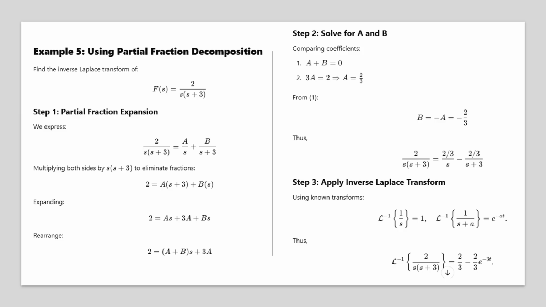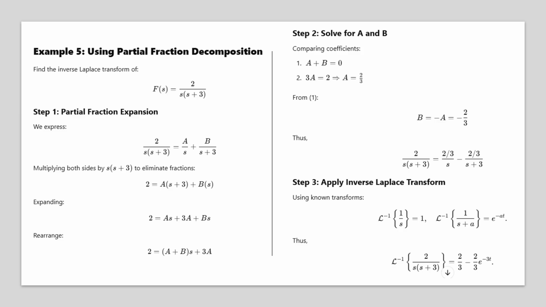The inverse Laplace will be 2 by 3 into 1, because 1 by s has the inverse Laplace transform 1. 2 by 3 is a constant and common, so take it out. Similarly, 2 by 3 again in the other term, you can take it out, and 1 divided by (s plus 3) will be e to the power minus 3 t, since a is equal to minus 3. So this will be your final inverse Laplace transform.